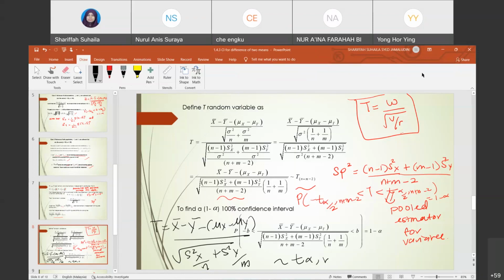Tapi kalau a single population mean, kita ada 3 formula je lah ya. Tak ada assumption lah equal population variance ataupun tidak. So that one is just case variance known, Z. Okay, case variance are unknown, but large sample still Z distribution, and then the last one, case variance are unknown, small sample, then you use T distribution. Okay.